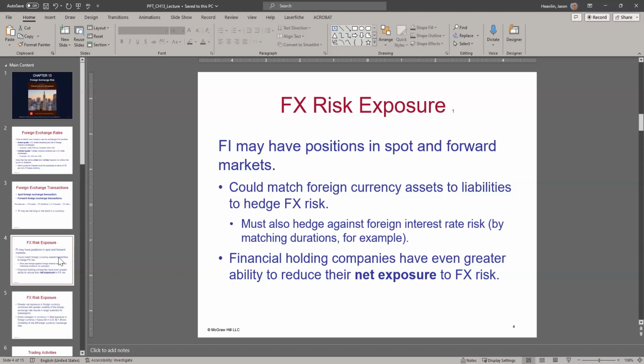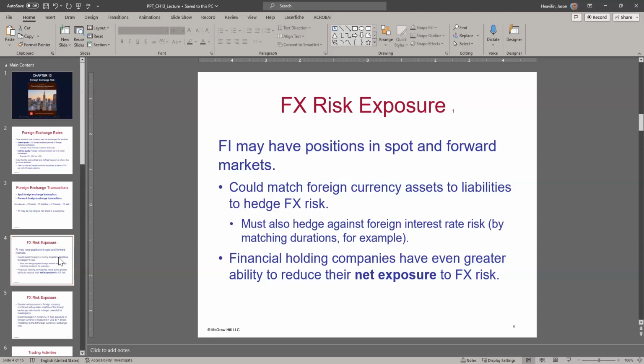Financial holding companies have even greater ability to reduce their net exposure to foreign exchange risk. Because there's more opportunity to do this matching of interest rates and foreign exchange risk on the balance sheet, they're able to work that better.